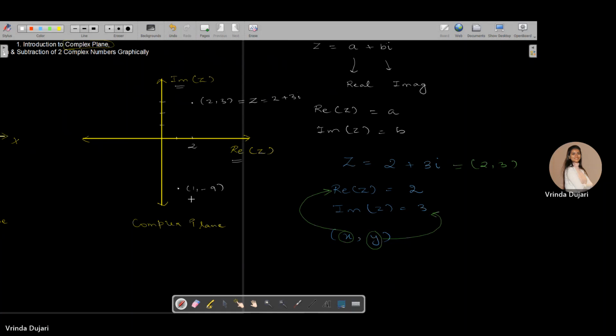Okay, the coordinates of this point are (1, -9). So which complex number represents this point? It's very simple, right? So this is the real part. This is the value of a, and this -9 is the value of b. So the complex number which represents this point is 1 - 9i.